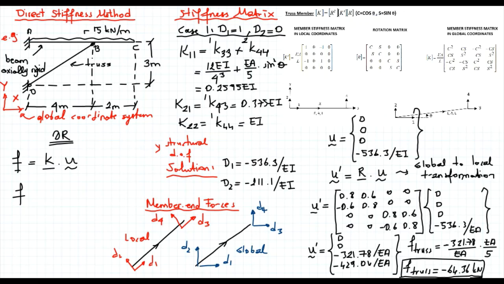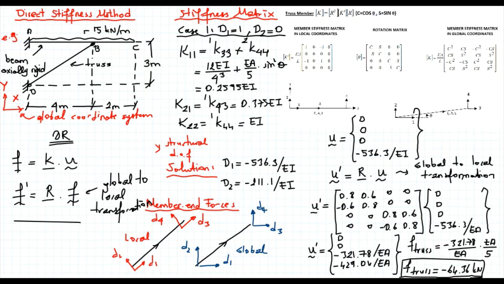F prime is equal to the rotation matrix multiplied by F. It's another global to local transformation, and this will give you the same result. Is it practical? No, I think the previous approach is more practical, but this is mathematically equivalent.